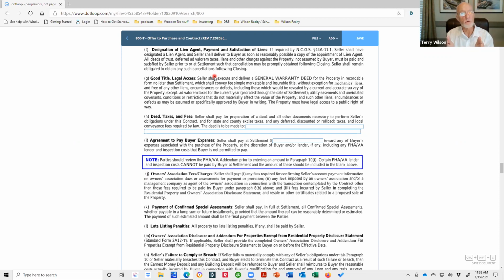A general warranty deed is saying, I promise you, Mr. Buyer, I didn't screw it up. And if it was screwed up before I owned it, I'll still protect you forever. 30 years in North Carolina is forever.